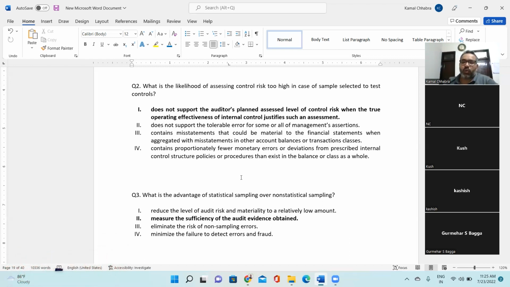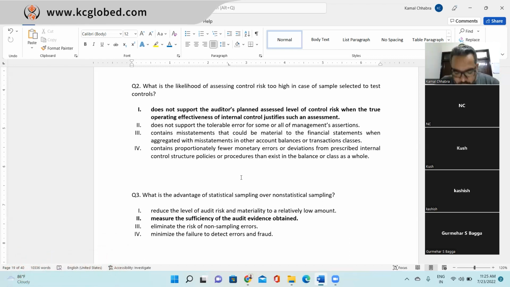When do you assess control risk too high? When you have a sample in which there is a problem, whereas in the actual population there is no problem, right? Are you guys with me? Yeah, Kashish? Yes, sir. So that is the first part, now risk of incorrect acceptance.